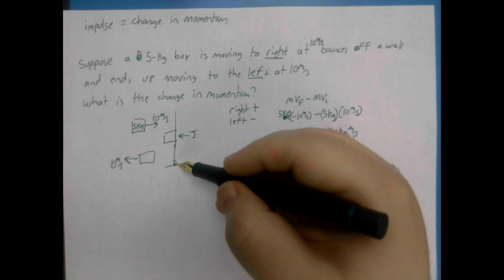So even if we include the wall as part of our system, there is going to be an external force. The ground itself is pushing on the wall, keeping it from moving.